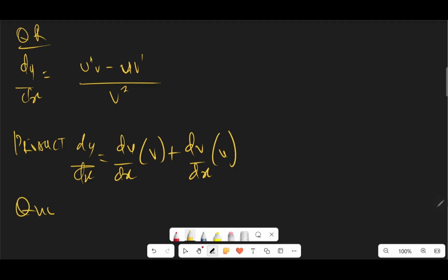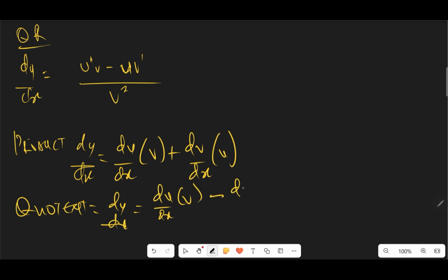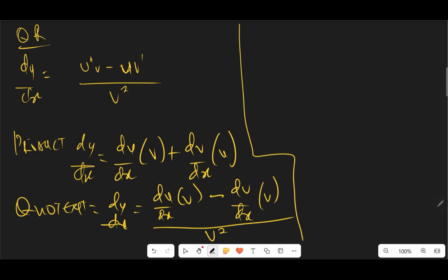So the quotient rule is also dy over dx equal to du over dx multiplied by v, minus dv over dx multiplied by u. Then we divide everything by v square. These are the differences between the formulas.